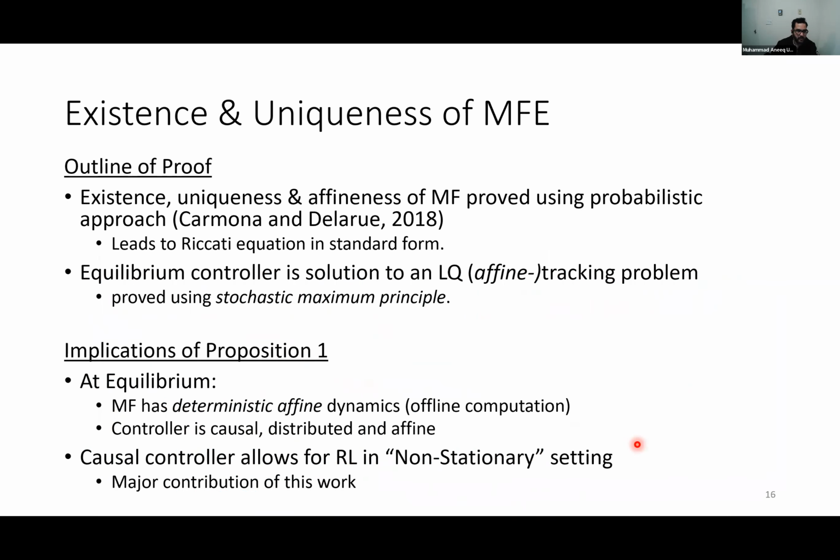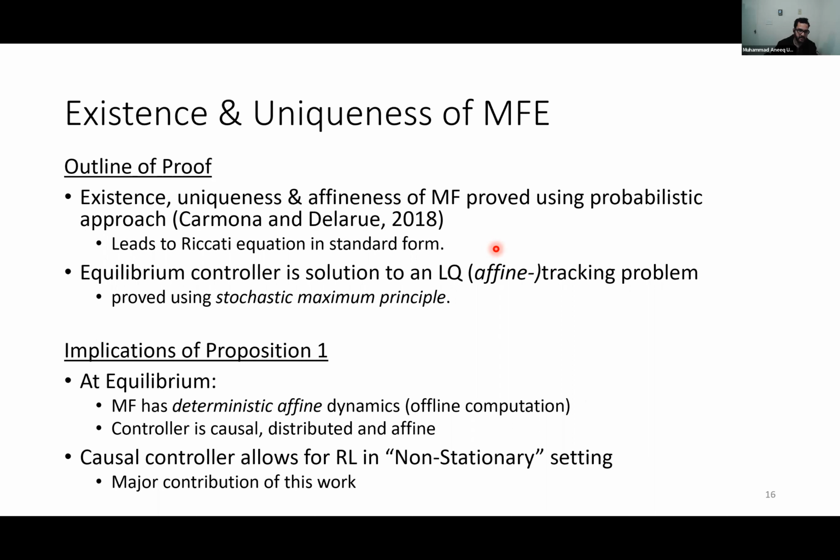Okay, so just an outline of proof. First, we prove existence, uniqueness, and affineness of the mean field trajectory at equilibrium. This is proved using the probabilistic approach, which leads to a Riccati equation in standard form, and proving existence and uniqueness of the Riccati equation solution leads to the existence and uniqueness of the mean field.